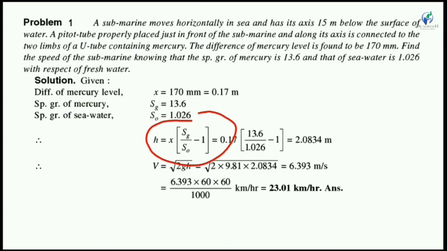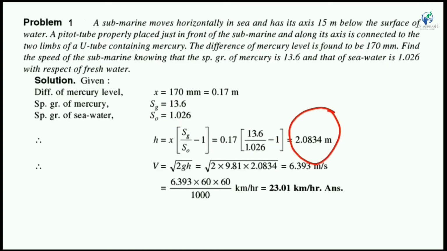And we know that the value of h can be found from this equation in the case of a manometer. So h is equal to x times (Sg over S minus 1). Sg is the specific gravity of the heavy liquid, so it's mercury, and the value is 13.6, and the specific gravity of the light liquid, which is seawater, is 1.026, minus 1.